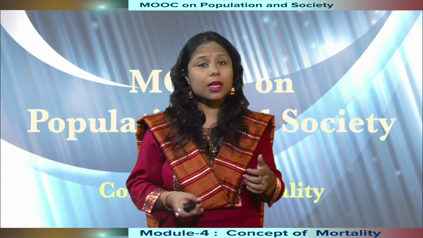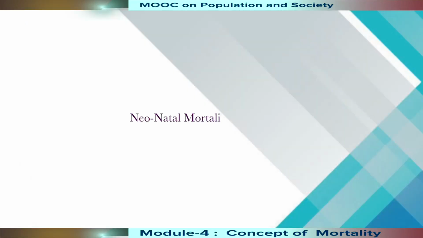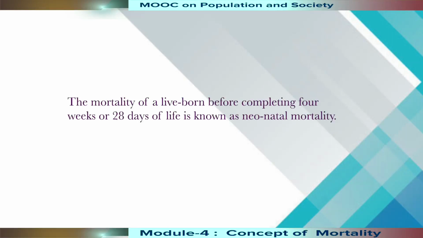The first is neonatal mortality. Neonatal mortality is that mortality where a life born dies before completing 4 weeks or 28 days of life. When an offspring dies before completing 28 days of his or her life, it is termed as neonatal mortality.